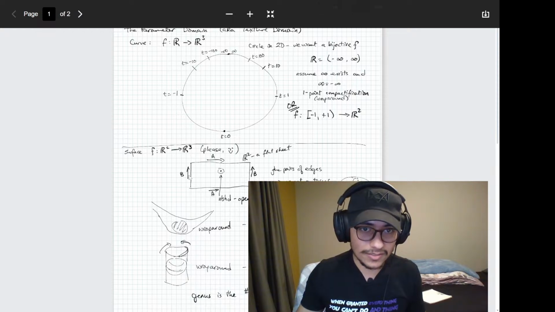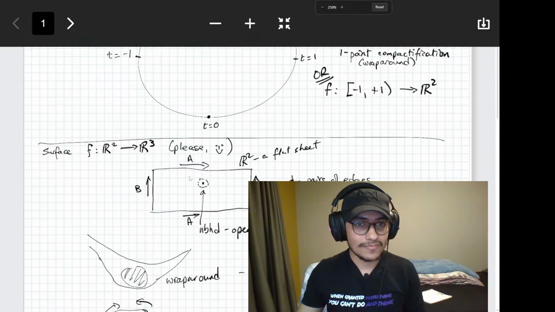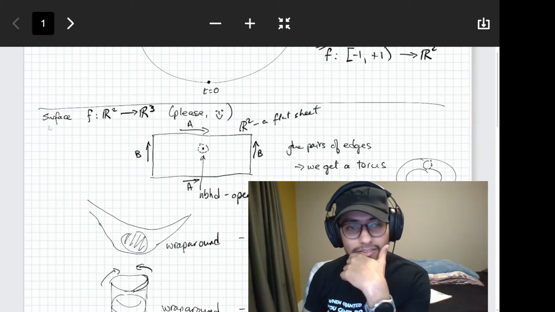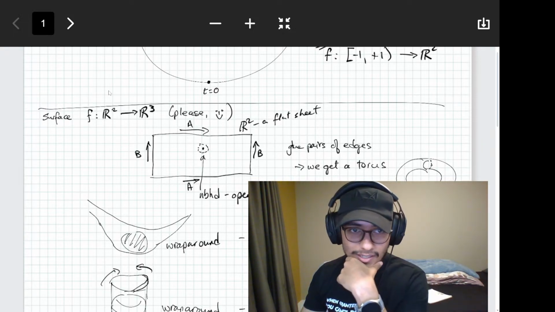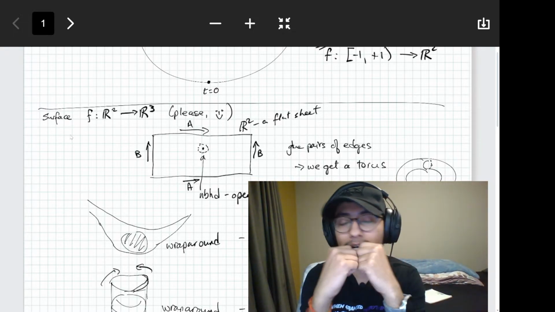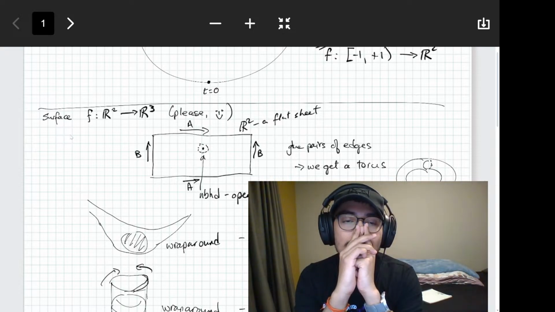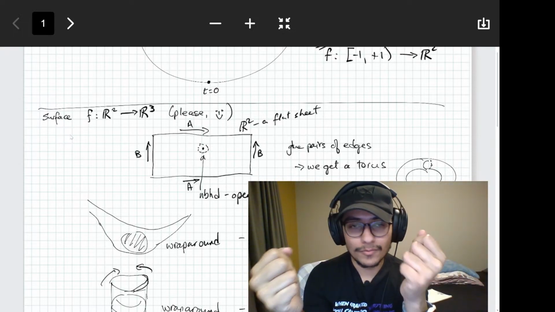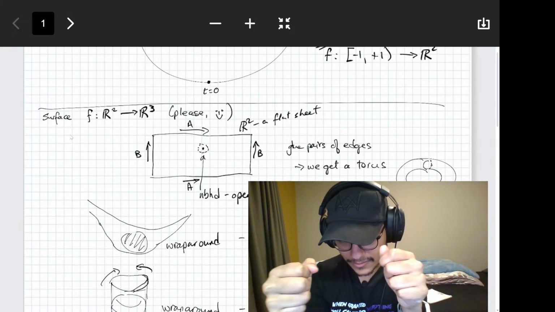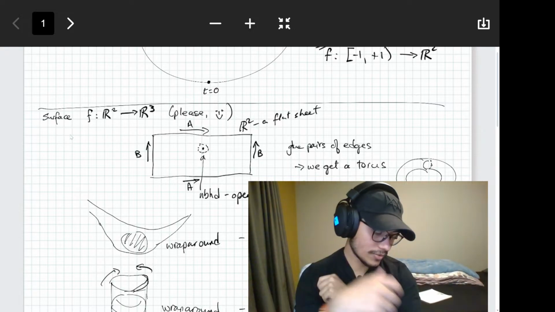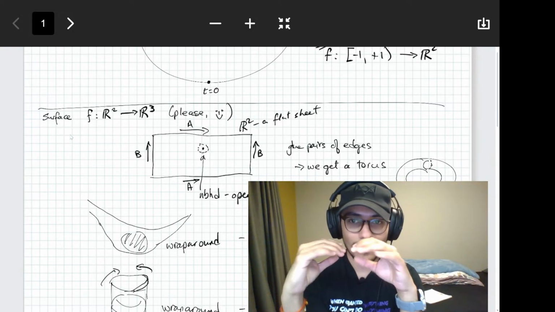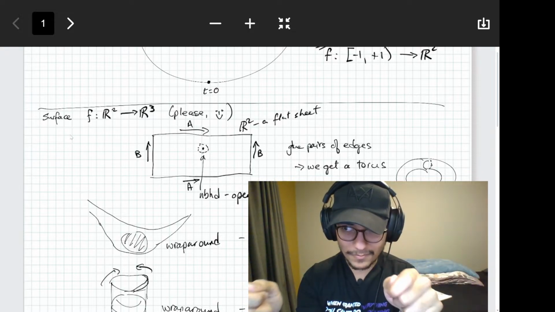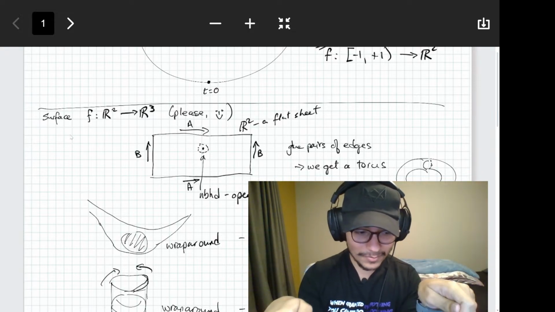So what does it say? This is a surface which is mapped from R squared to R cubed. Imagine it like this. Okay, this would make more sense. You must have seen a globe, and the same map on a piece of paper.